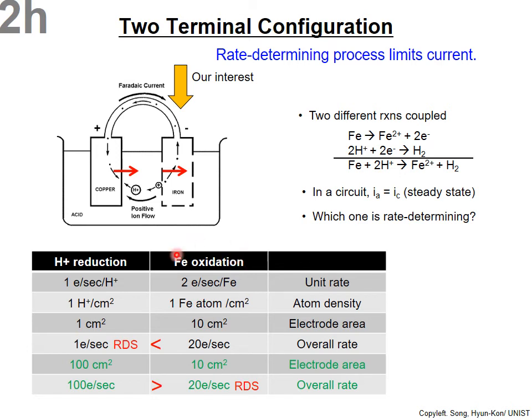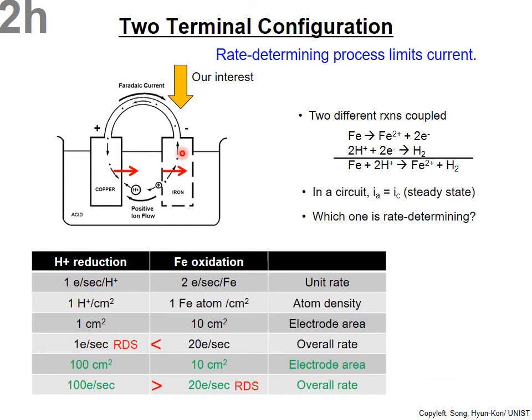For the Fe oxidation, let me assume that one single Fe atom would lose 2 electrons per second. It is a kind of unit rate. 2 electrons are generated from a single Fe for 1 second. Also, I have an iron bar, and only the surface atoms are exposed to the electrolyte.